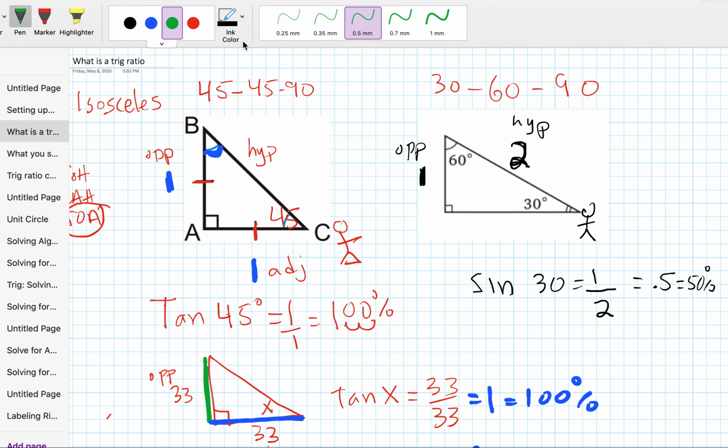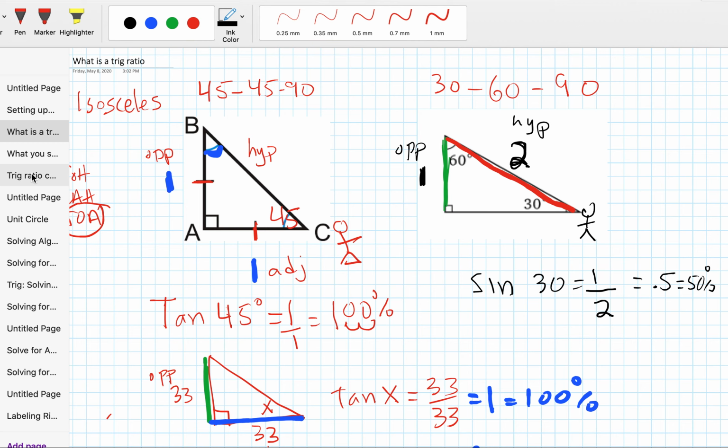So again, what we're saying is the opposite side in a 30-degree right triangle is always 50% of the hypotenuse, or this red side right here. So the green side is half, 50% of the red side.